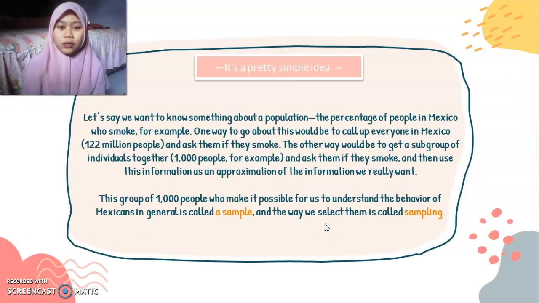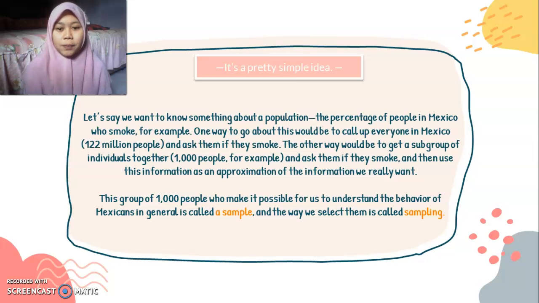After we know those three keywords, I have a simple example. It's a pretty simple idea. Let's say we want to know something about a population, the percentage of people in Mexico who smoke, for example.